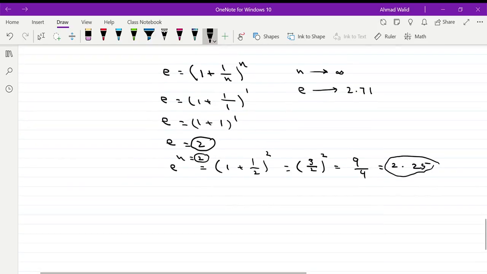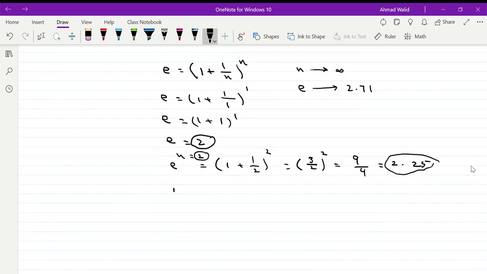Next time, if you plug in n equals 10, you will see e will become 2.59 if you calculate, right? I don't want to do this calculation for you. Just know what is the natural number e. Number e is a very interesting and important number when we are dealing with exponential functions.